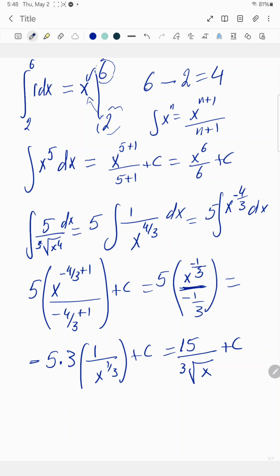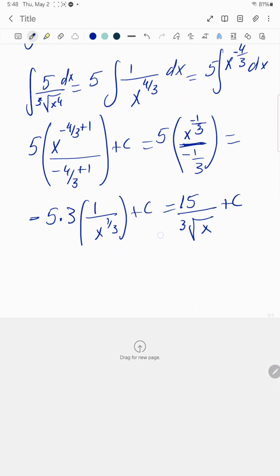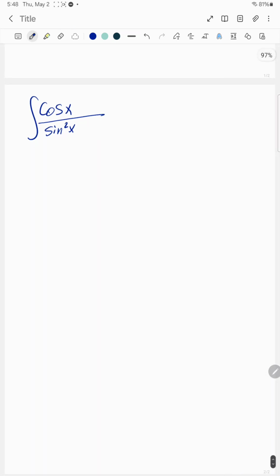Let's do another example: integral of cosine x divided by sine squared of x dx.